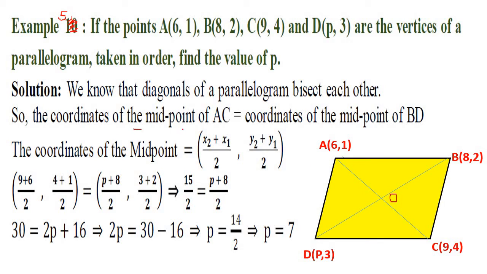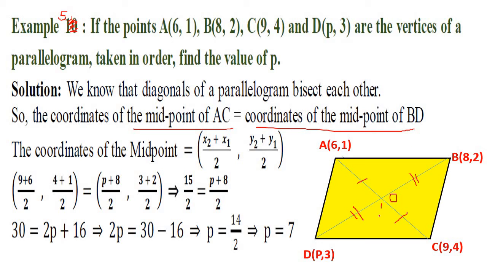So the coordinates of the midpoint of AC must be equal to the coordinates of the midpoint of BD. Means the length of OA must be equal to the length of OC, and the length of OD must be equal to the length of OB. So the coordinates of the midpoint of BD are equal.